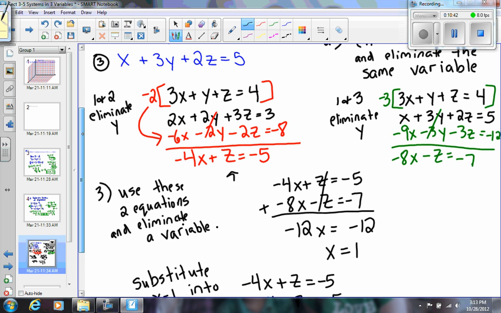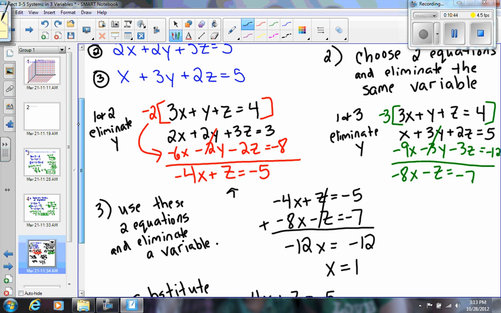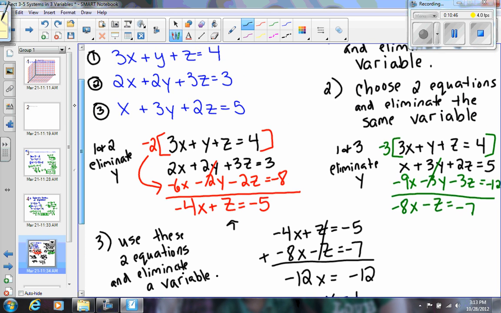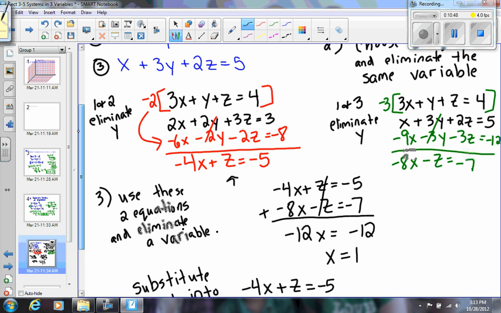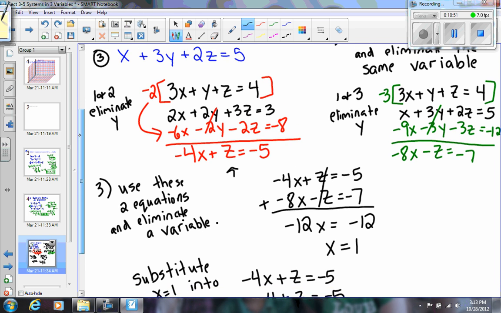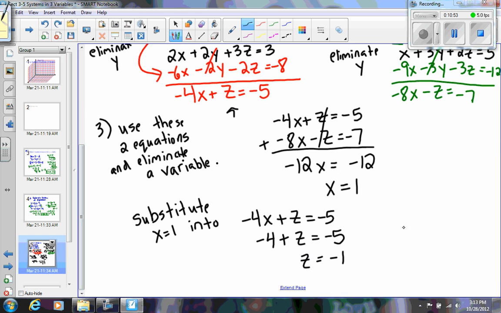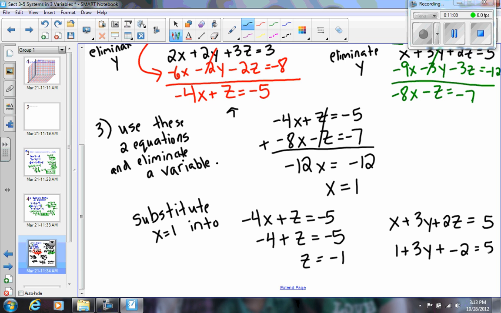So now I need to go back to one of my original equations. So I'm going to use that third one, x plus 3y plus 2z, and that was equals 5. So I'm going to substitute the values in. So I have 1 plus 3y plus 2 times negative 1 is negative 2.